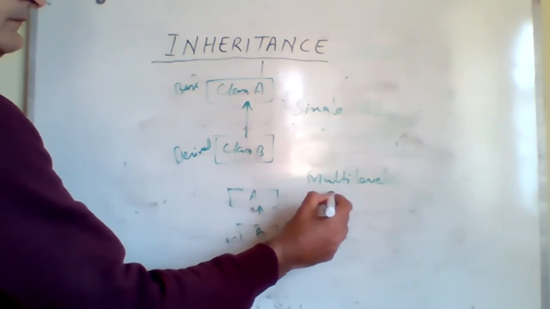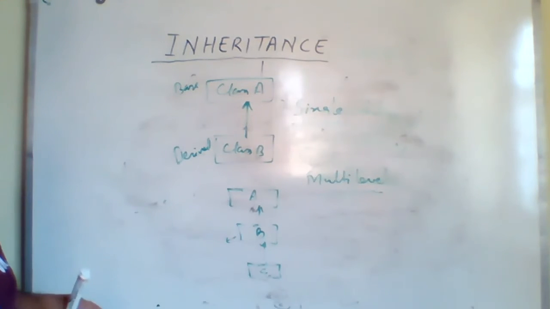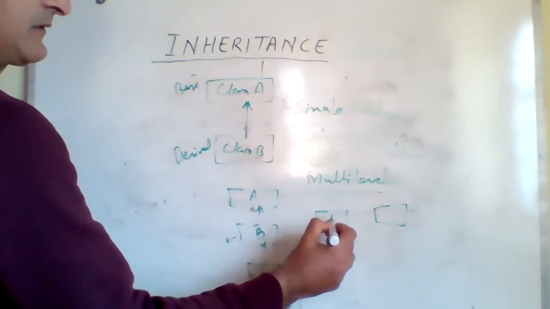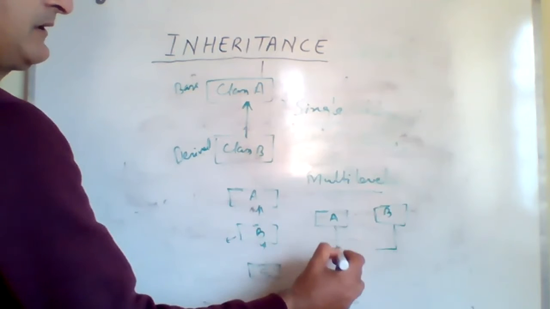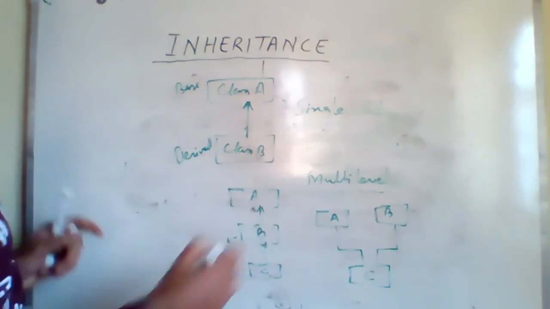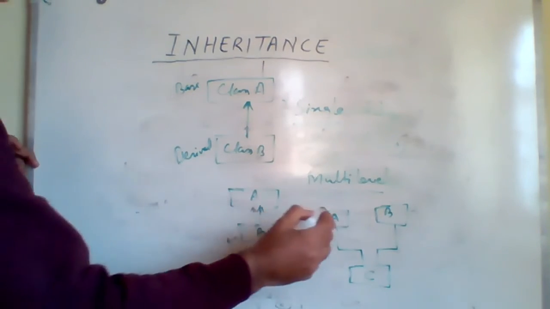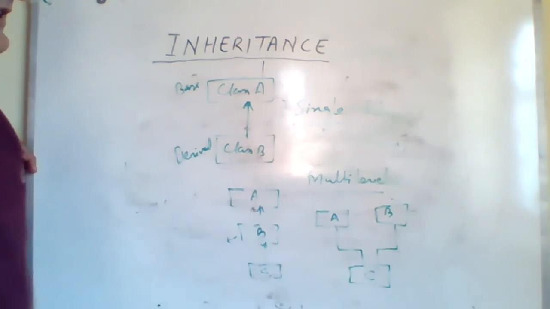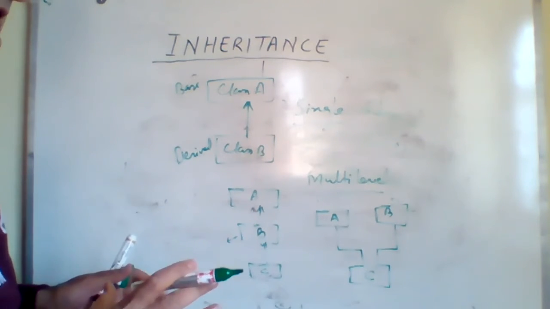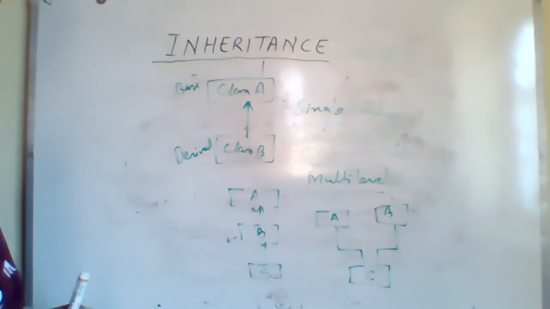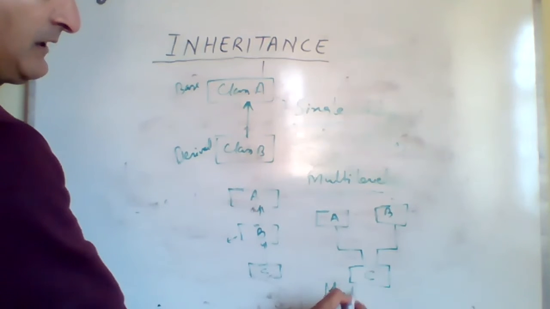Then we can have multiple inheritance. When we have more than one base class, we say this is multiple inheritance. We have more than one base class, but we can have only one derived class. It is like our real world example. This is parent A, this is parent B, this is father, this is mother, and the child has the features of both. So that is multiple inheritance, and this is multi-level inheritance.